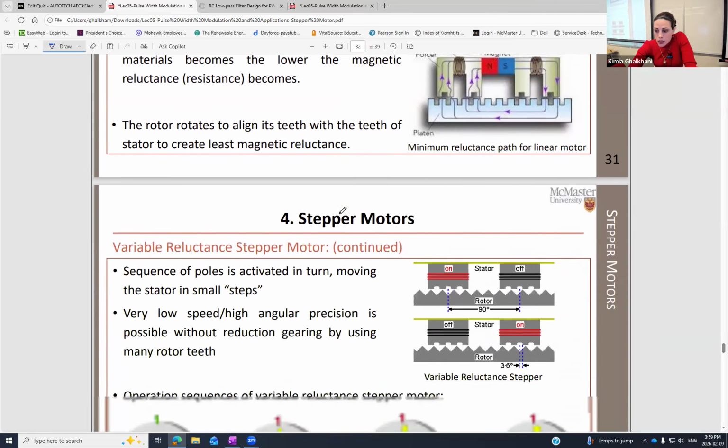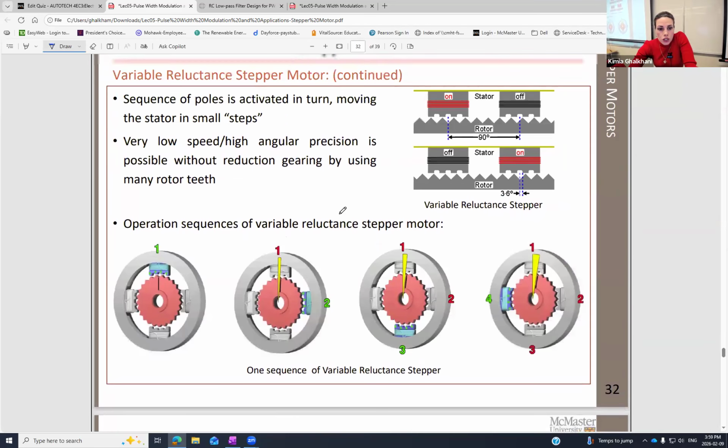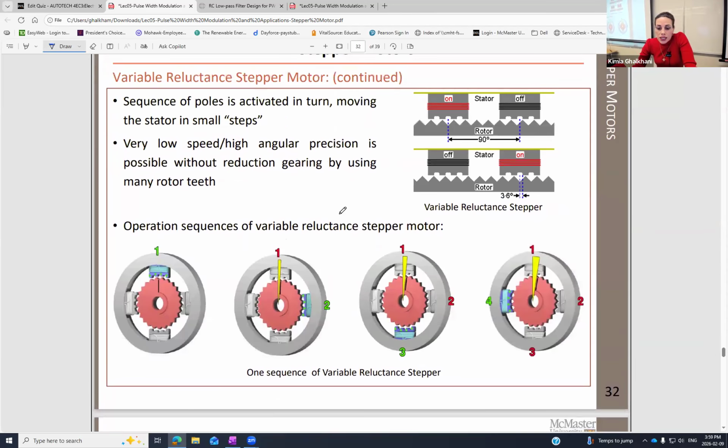Let me look at this one, and then we are going to finish it up. With this one, you can see the teeth even more clearly. If we have fewer teeth, we have more gap. So let's look at the sequence of poles in a variable reluctance motor. Variable reluctance, once again, means different positions of these teeth.